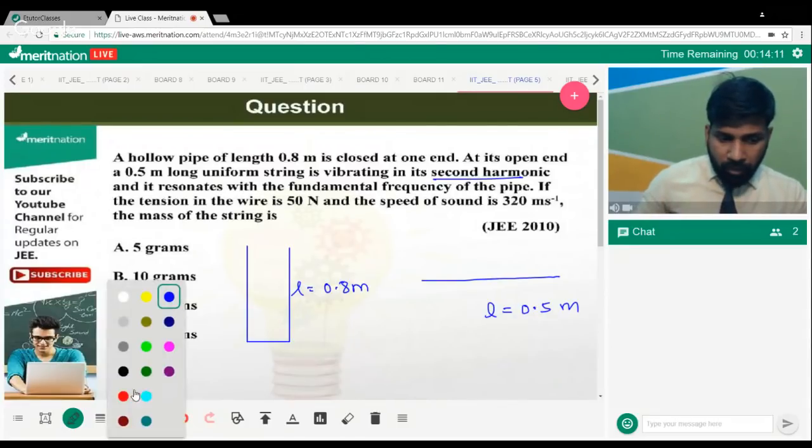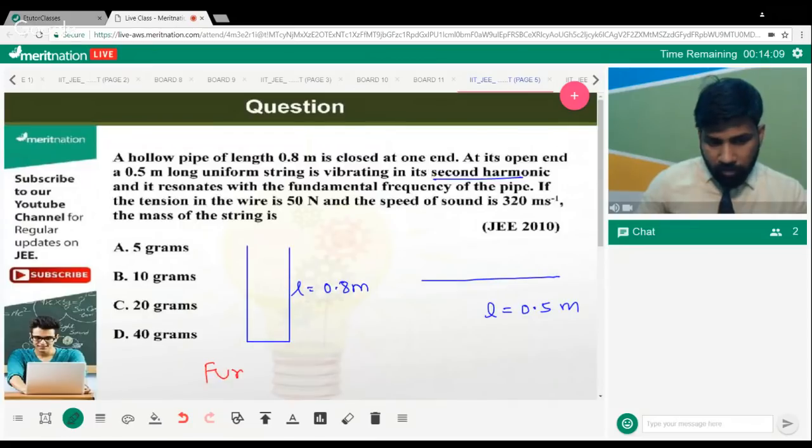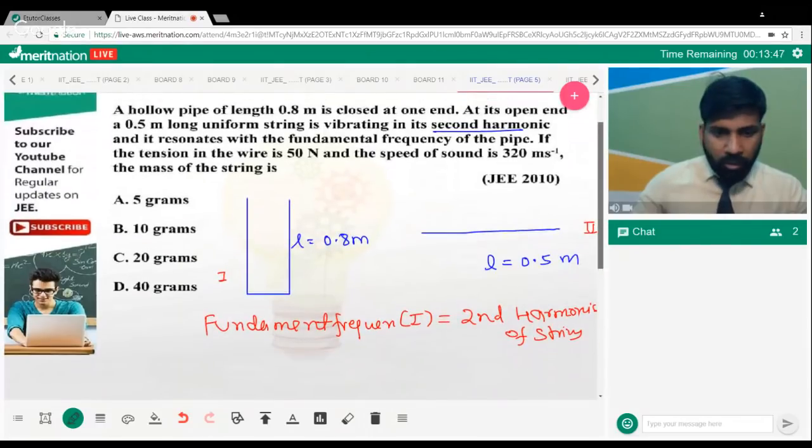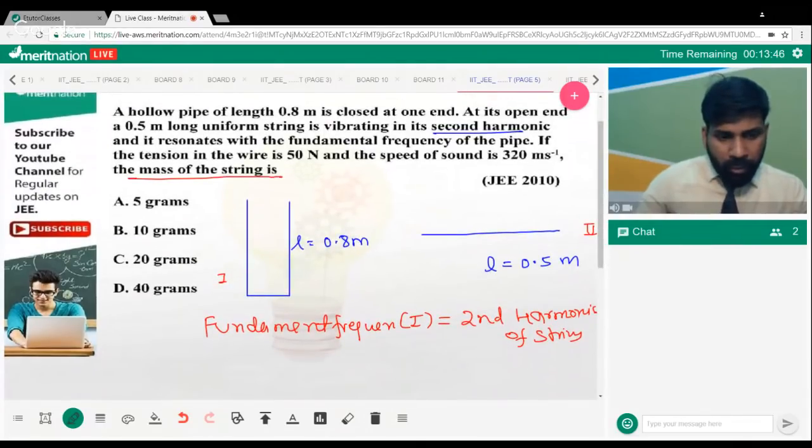It means the fundamental frequency of the pipe equals the second harmonic of the string, and we have to find out the mass of the string.